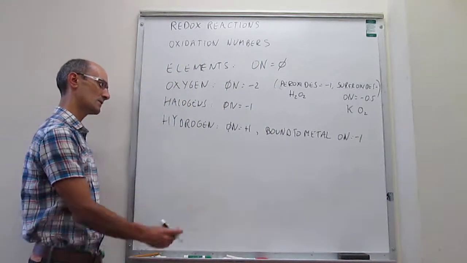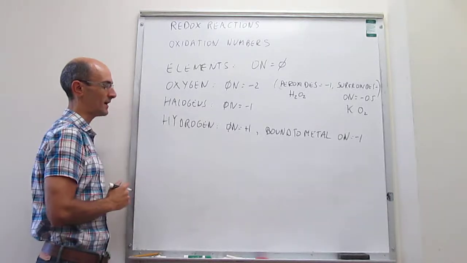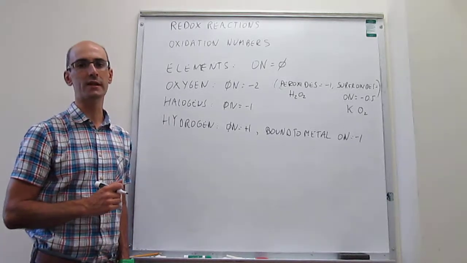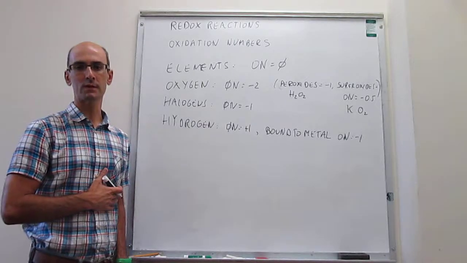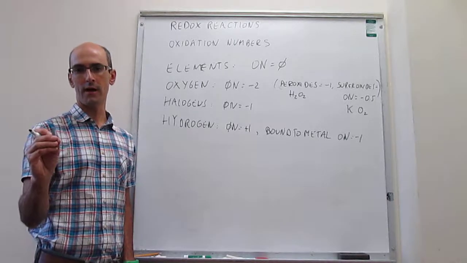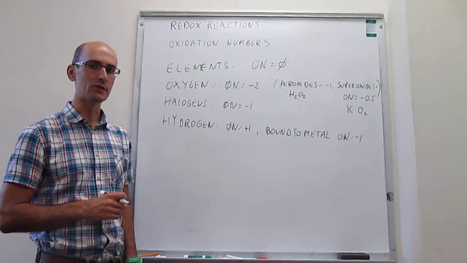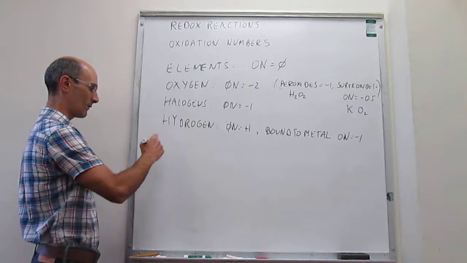Okay? So for example, in acids you actually have the hydrogens, those protons, bound to oxygen atoms. There will be an oxidation number of plus 1. But if you have a hydrogen atom bonded directly to a metal, then there will be a minus 1 oxidation number.